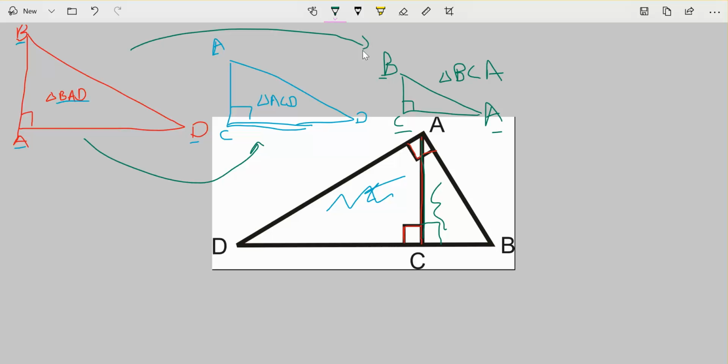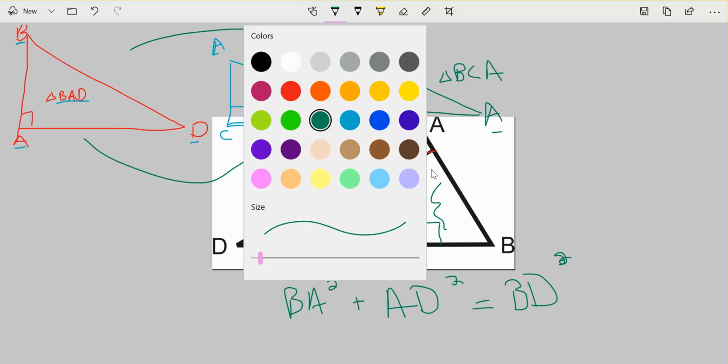Because this is what I'm trying to prove: that BA squared plus AD squared, those are my two legs of the triangle, are equal to the hypotenuse BD squared. I know that these three triangles are similar, and that means I can write some proportions of the triangles. So I'm going to go ahead and do that.